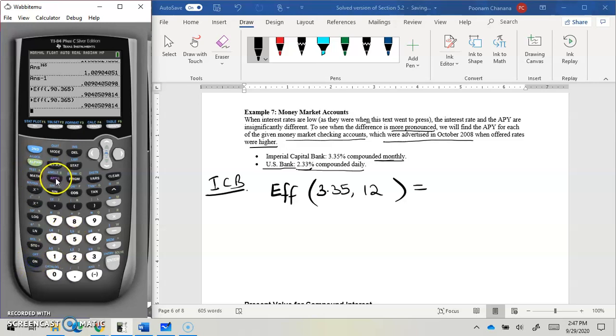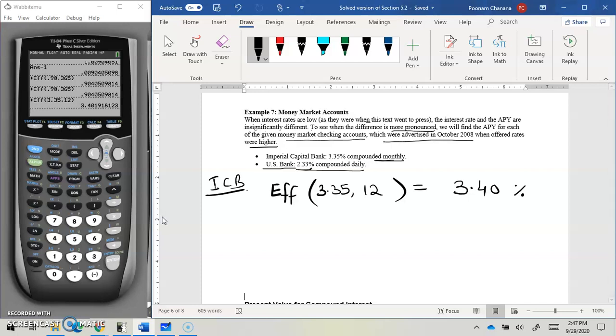The app is under Apps and Finance. Go down in the list to EFF and select that. Enter 3.35 comma 12.